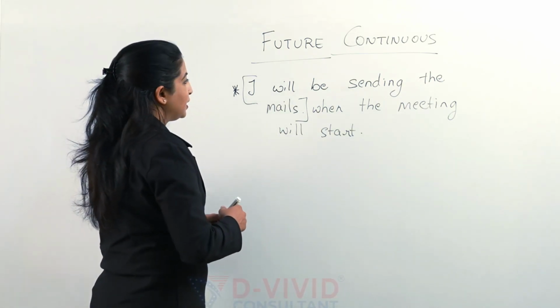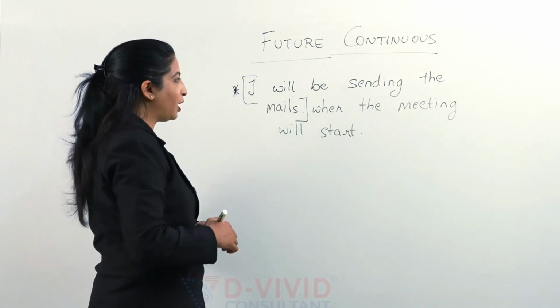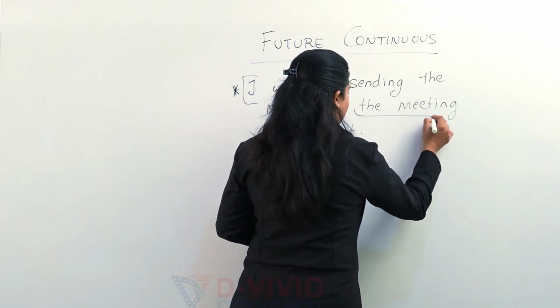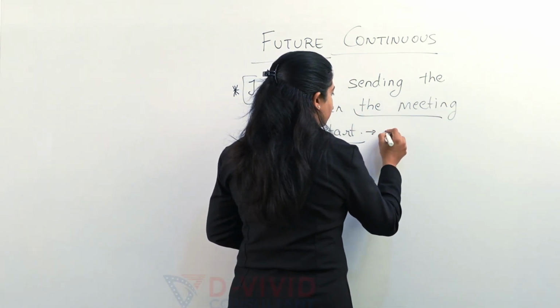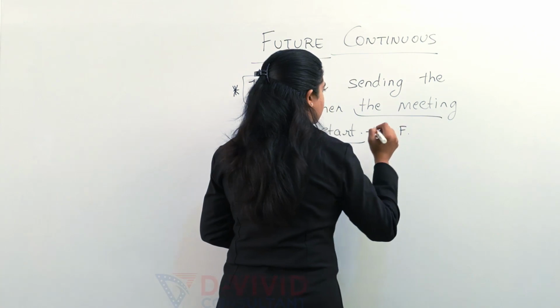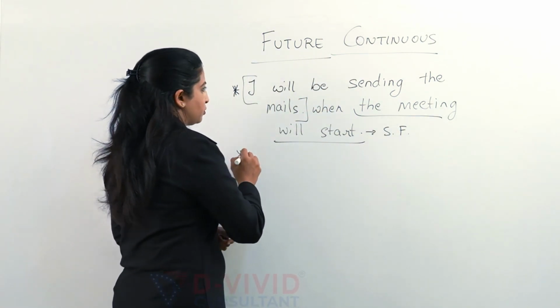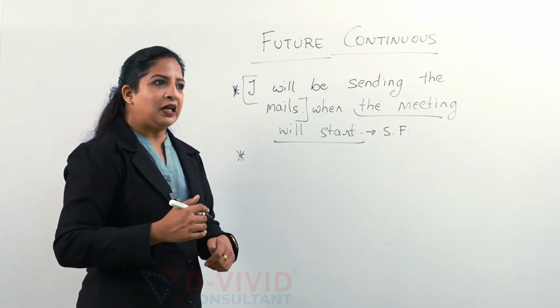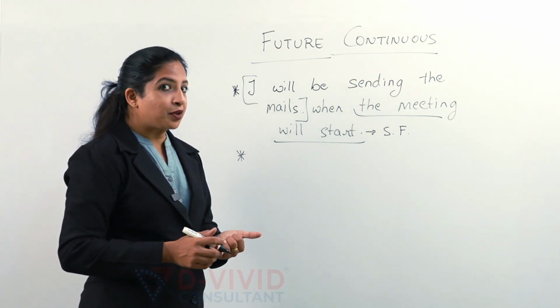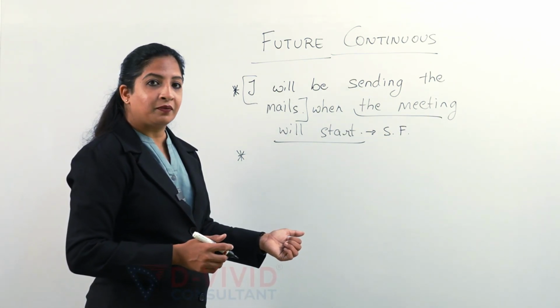So how will the remaining two look like? What is this? This is the simple future, and the remaining two. Can you guess which are the other two situations that we are going to write right now?